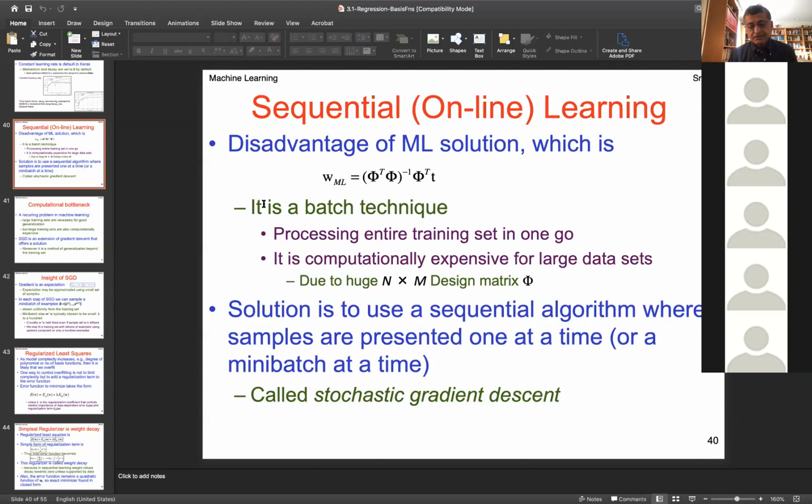or a mini batch at a time. This one says you use all your samples together, which seems to make sense since you use all of your data simultaneously. The other one is a sequential algorithm: you present one sample at a time and adjust your weights. Or you take a mini batch, a small number of samples, say 16 samples at a time, and adjust your weights.